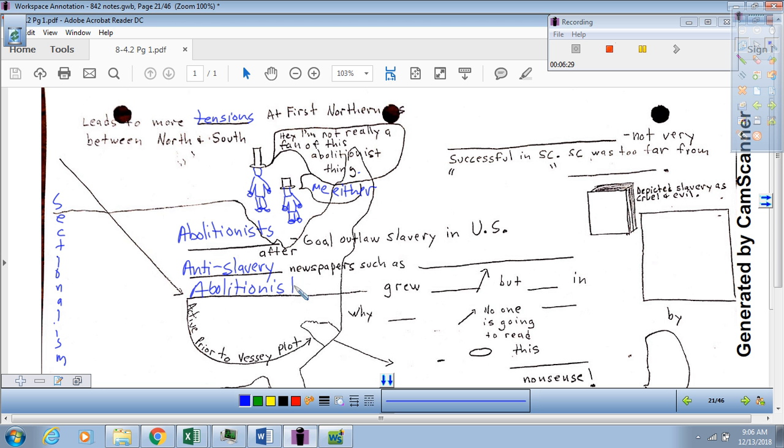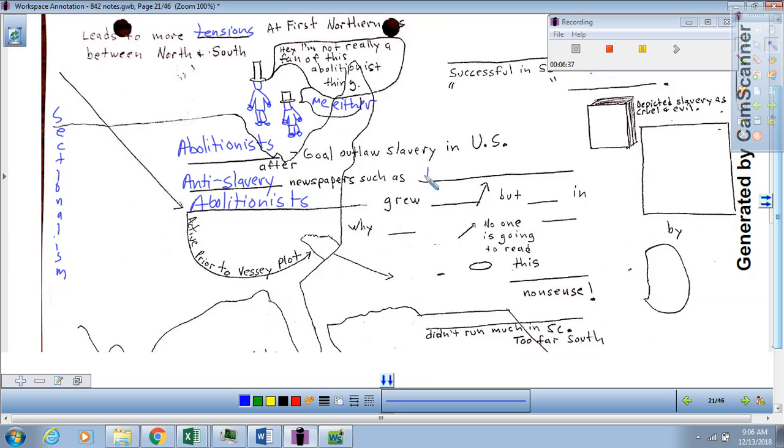One of these anti-slavery newspapers was published in Boston, Massachusetts, and it was called The Liberator. Liberty means to free from slavery. This was published in Boston, Massachusetts by a man named William Lloyd Garrison.